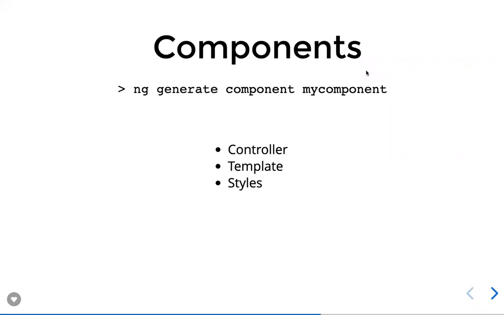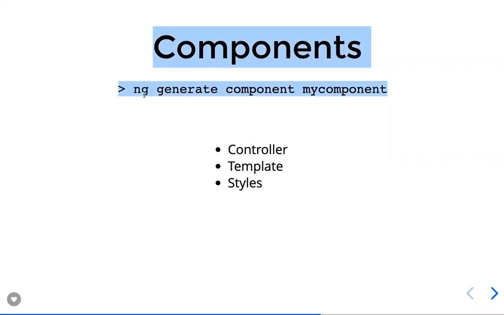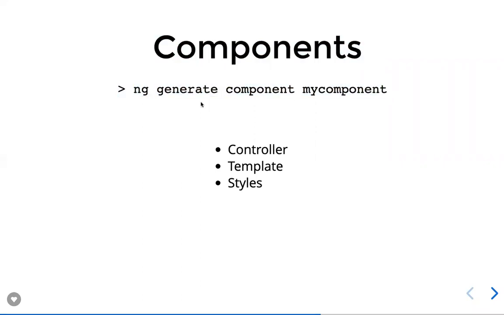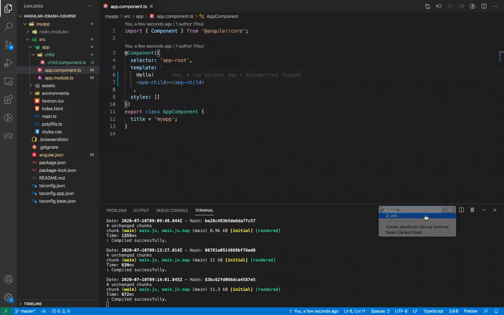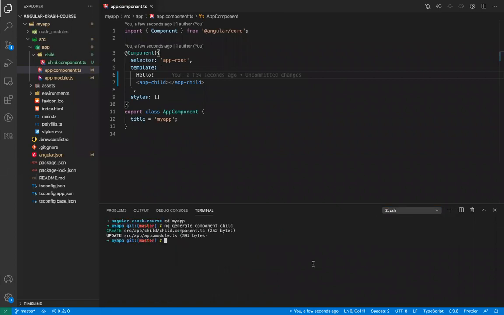So the main thing about components is the command, how to generate components, and some parts of it. Also, there is a shortcut that helps you do it quicker. Instead of generate, we put g. Instead of component, we put c.